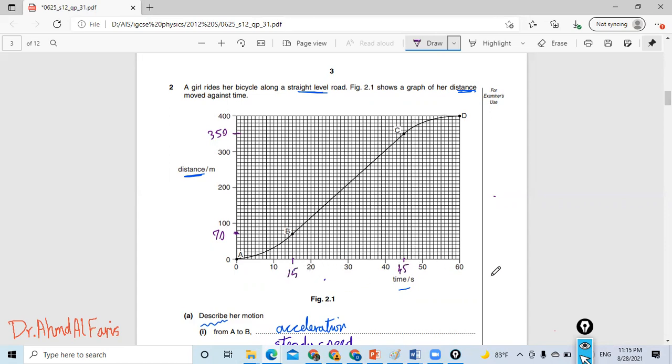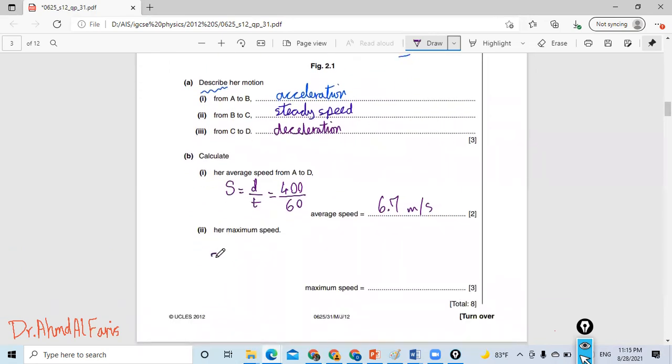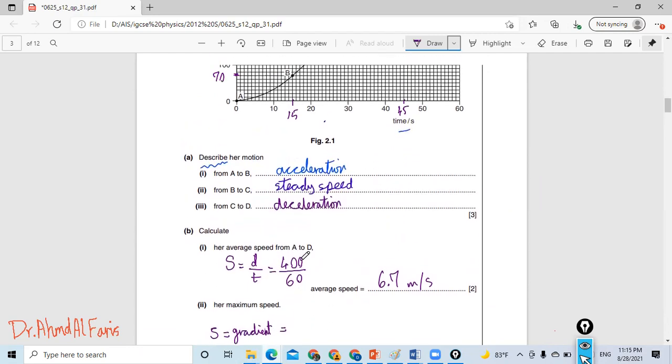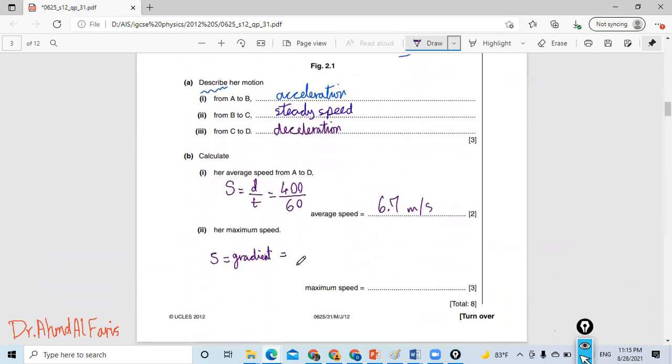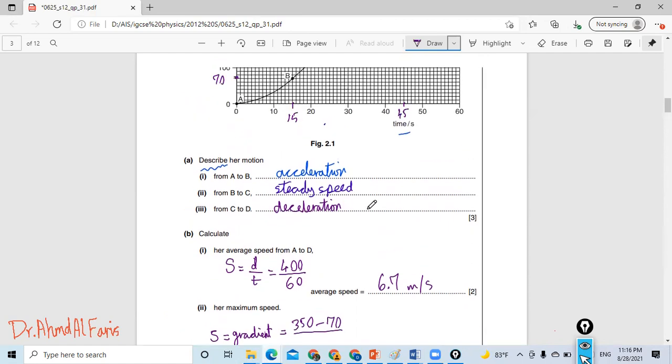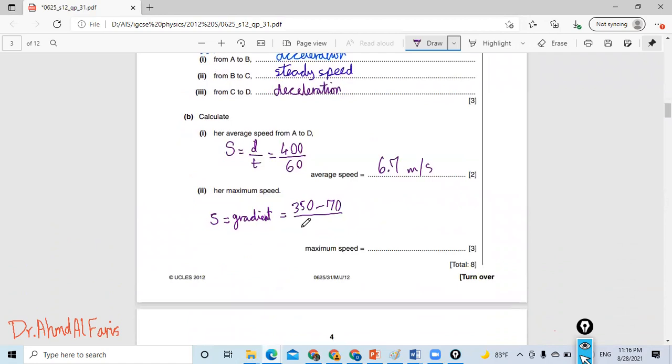By using the formula, the maximum speed equals the gradient, which equals the rise over the run. As you can see, 350 minus 70, that's the change in the y-axis, over the change in the x-axis, which is 45 minus 15.